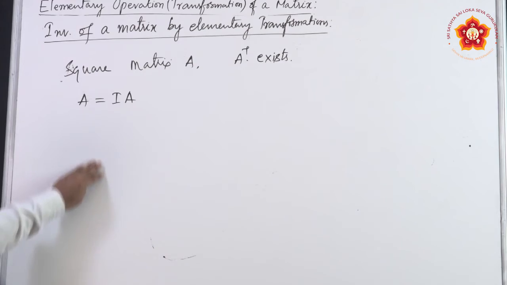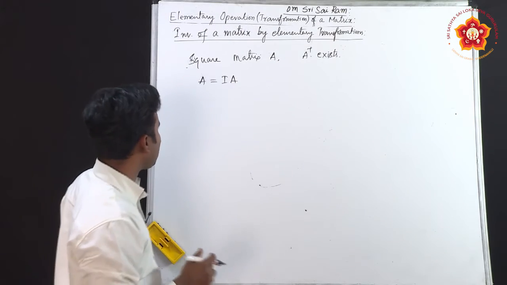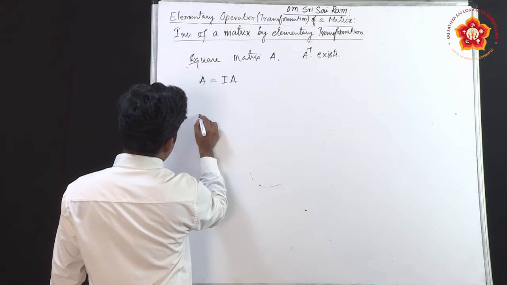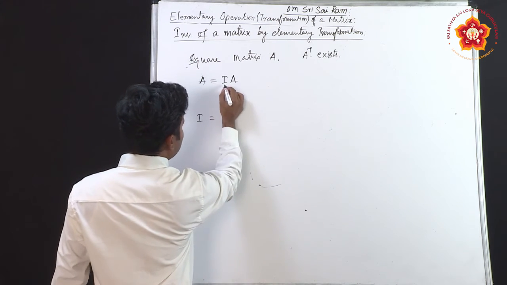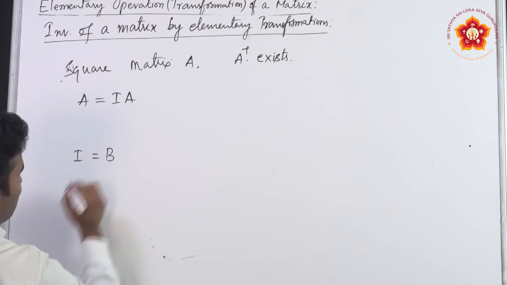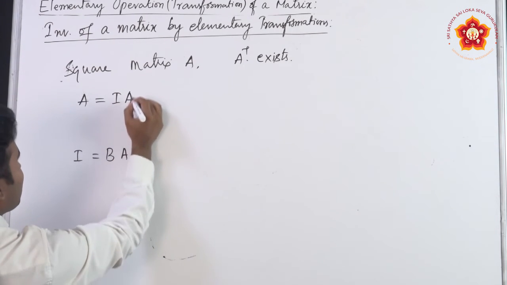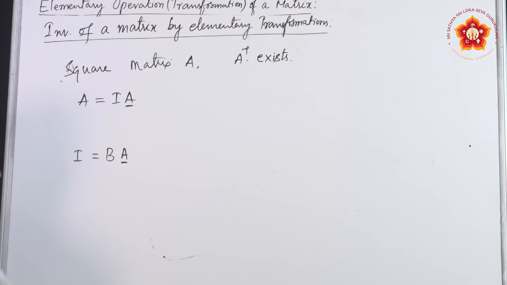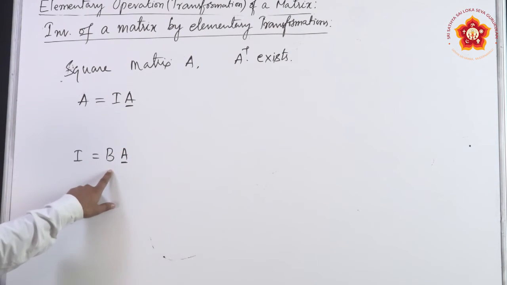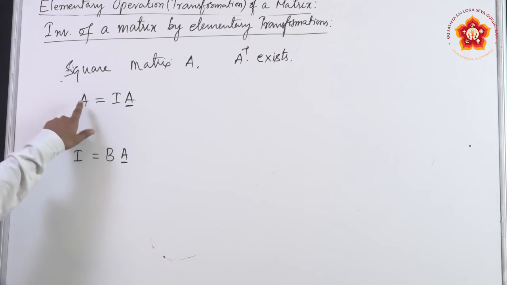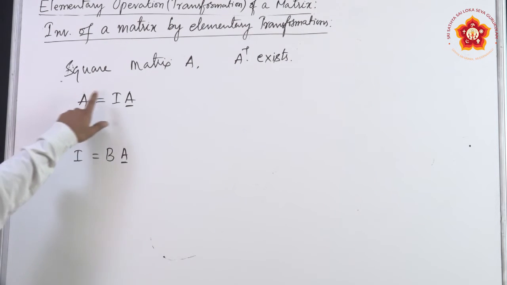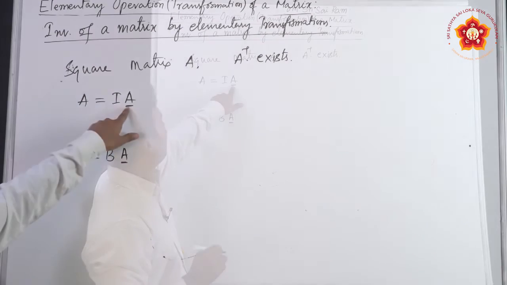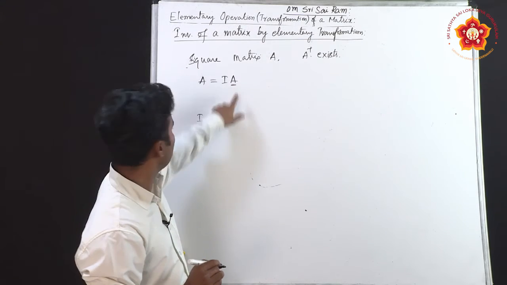We have to use the sequence of elementary row transformations till the LHS becomes I, and this I becomes some matrix B. You should not apply any transformation to this matrix A on the right. We have to apply the transformation to A as well as the identity matrix I, and we will not apply the transformation to this one, till we get this.